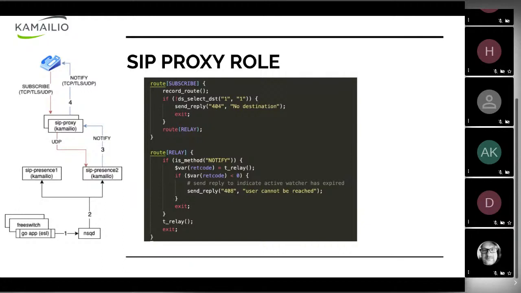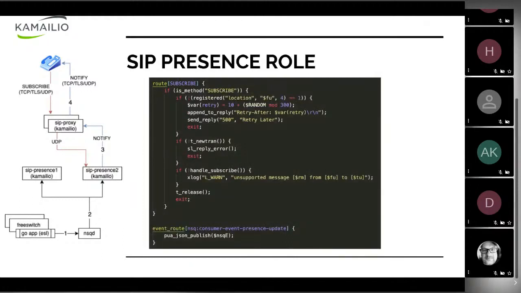It stops sending notifies to agents that are no longer reachable, so that helps with scaling a lot. Because if you have a lot of dead active watchers in the table, you're going to be sending notifies out to basically nobody. That's something that's built into the presence module, I found out.